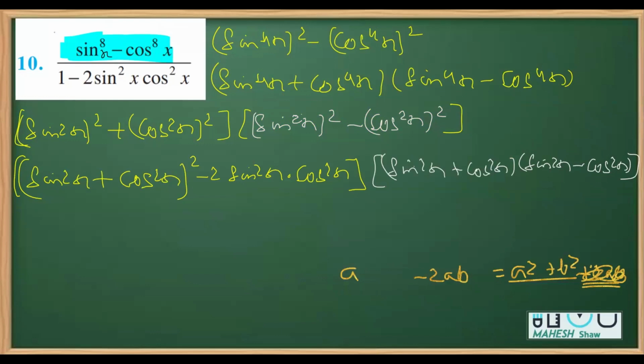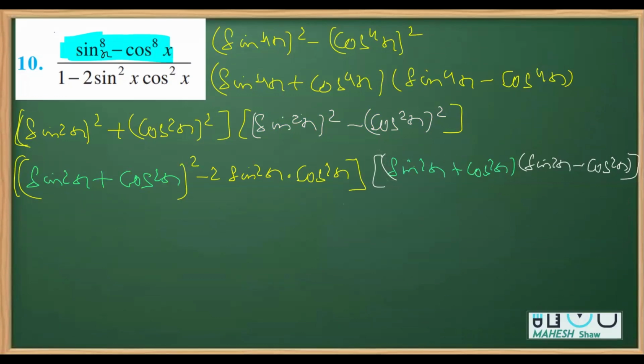Now, we know that sine square x plus cos square x is 1, right? So this sine square x plus cos square x, and we have one more sine square x plus cos square x, can be written as 1. So this is 1, and 1 square is 1 only.